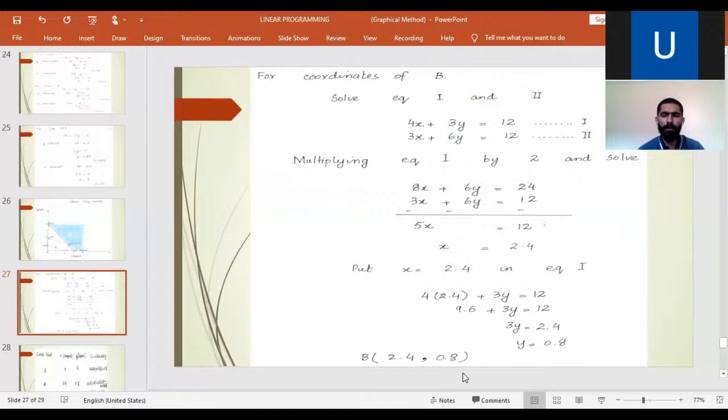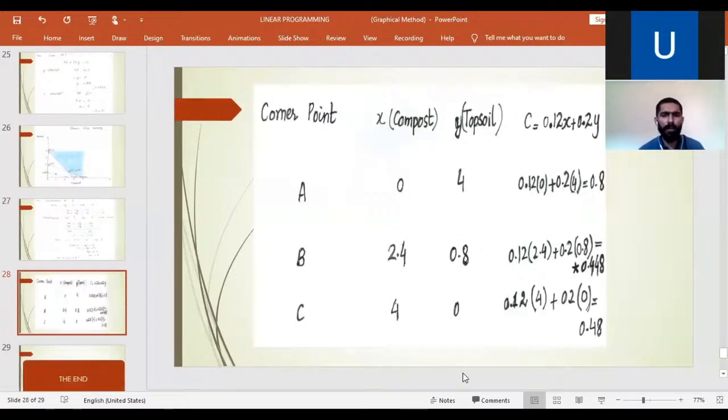In this example, we are asked to find the corner points. We have corner points A, B, and C, and two types of products, compost and topsoil, which we have assumed as compost is equal to x and topsoil is equal to y, and we have the cost equation C equal to 0.12x plus 0.2y. At A we have the value of x equal to 0 and y equal to 4.